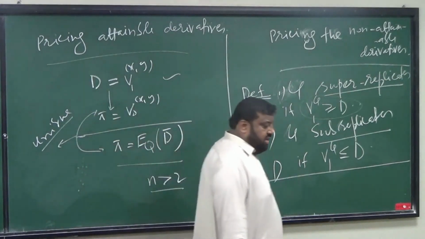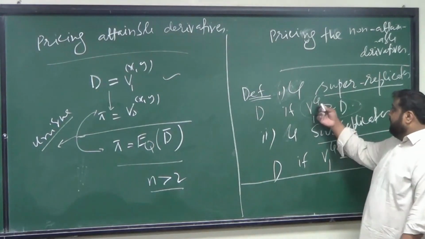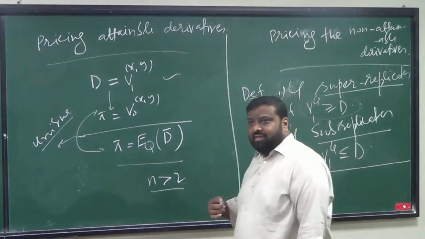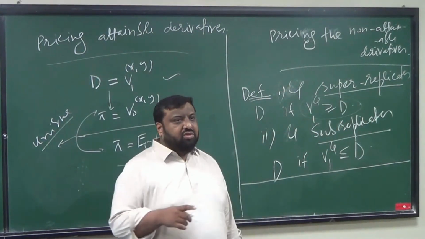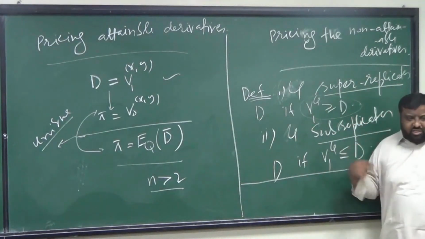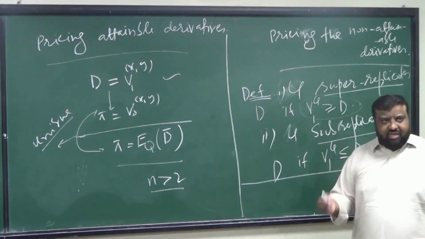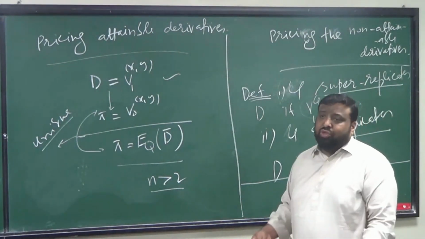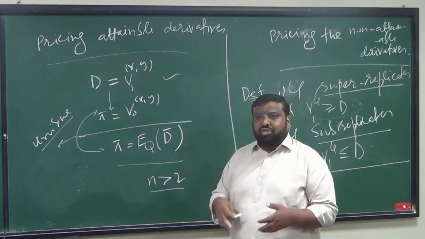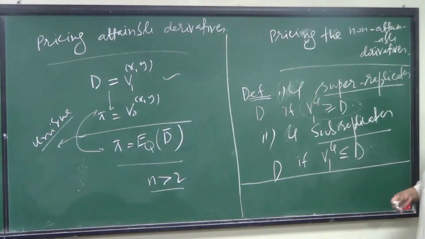By selling the derivative, for example, at time 0, and creating this portfolio, I am taking a short position in a derivative. So I'm exposed to risk, and if I'm exposed to risk, then I must do something to hedge it.